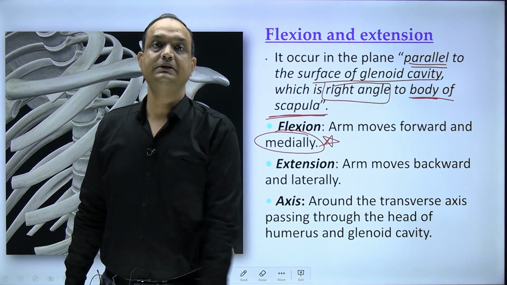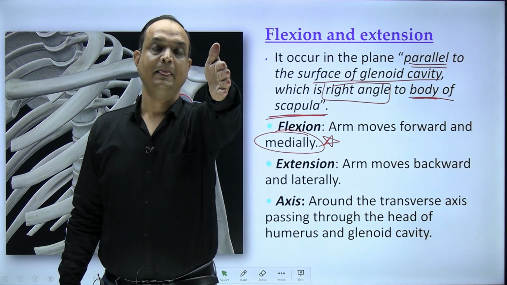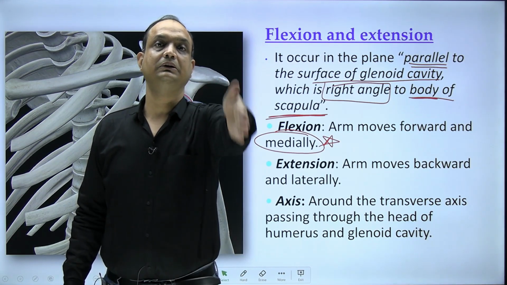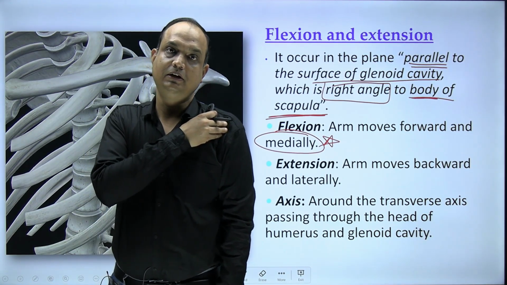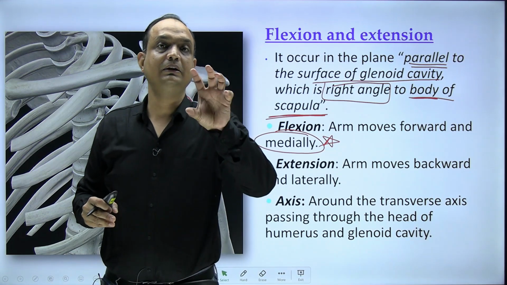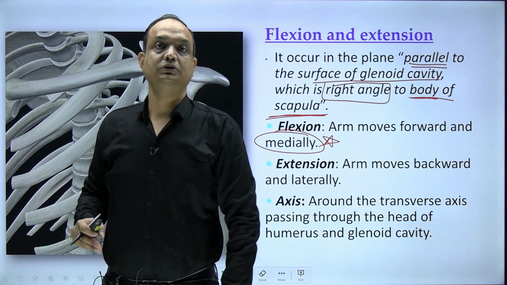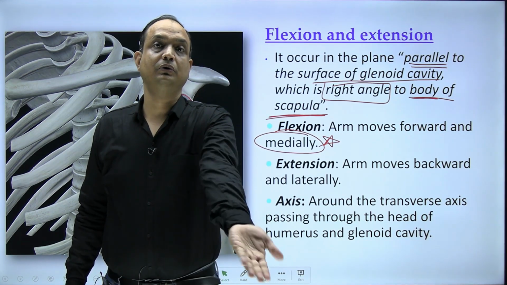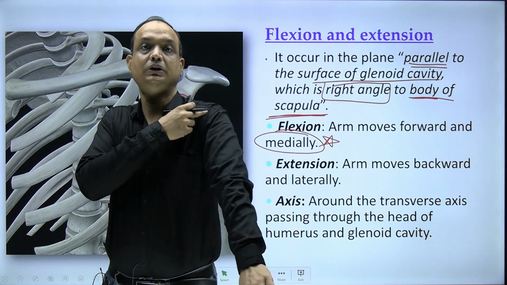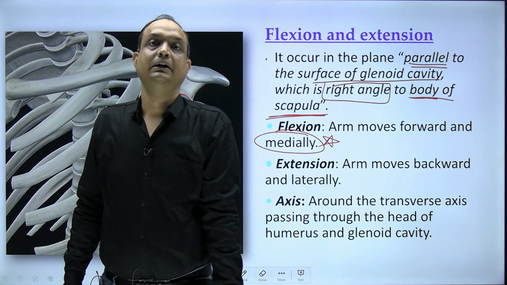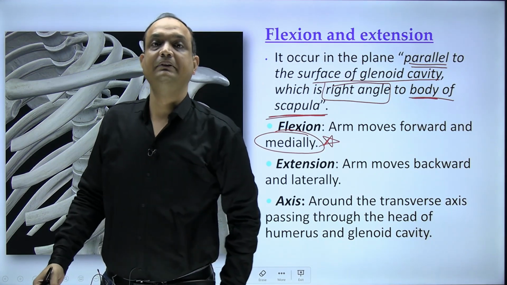What is the difference between the two flexions? This is possible because it is a ball and socket joint, so you can move the humerus in any direction. The joint will never restrict your rotation at the shoulder joint. So if you are rotating the hand and doing this, it is permissible.